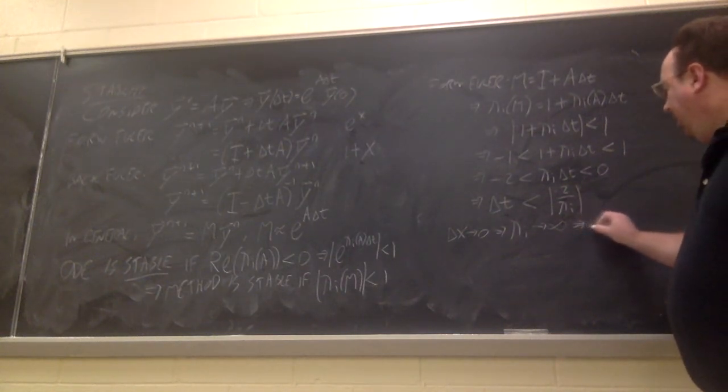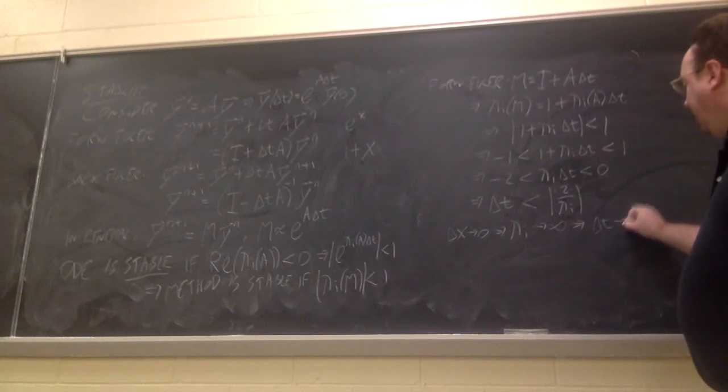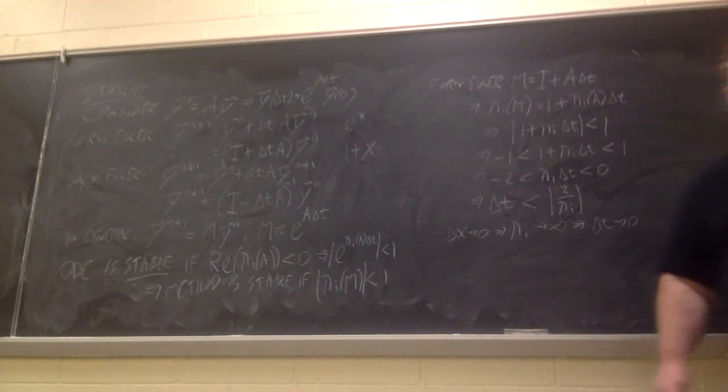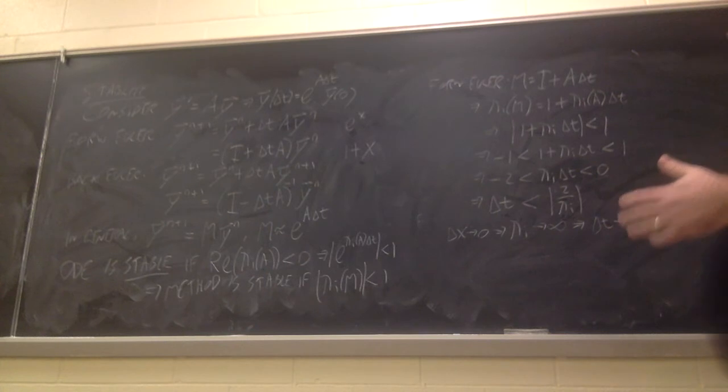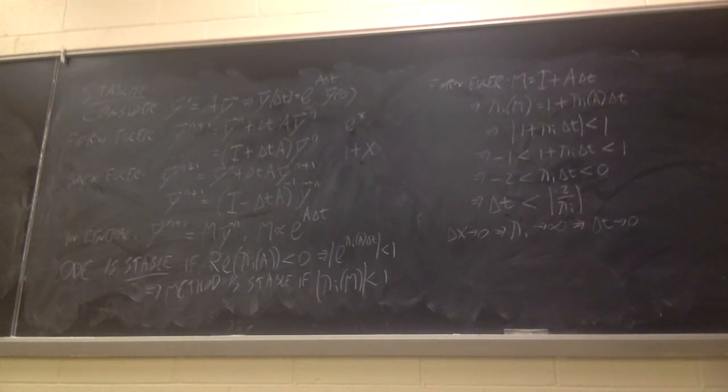Therefore, delta t must also go to 0 with it. And in some cases, delta t is proportional to delta x. That's bad enough. But in some cases, it's proportional to delta x squared. So it's really small.